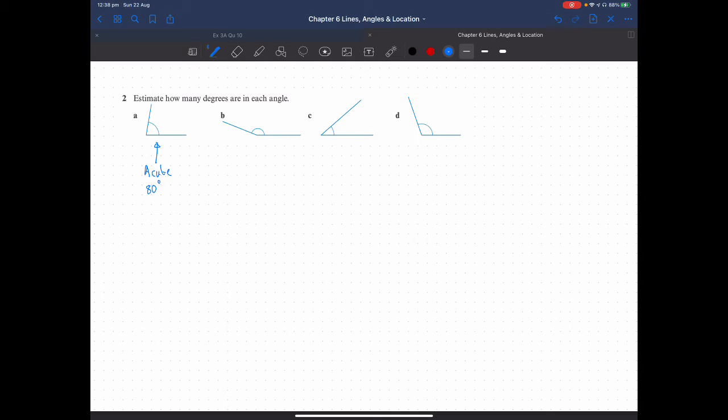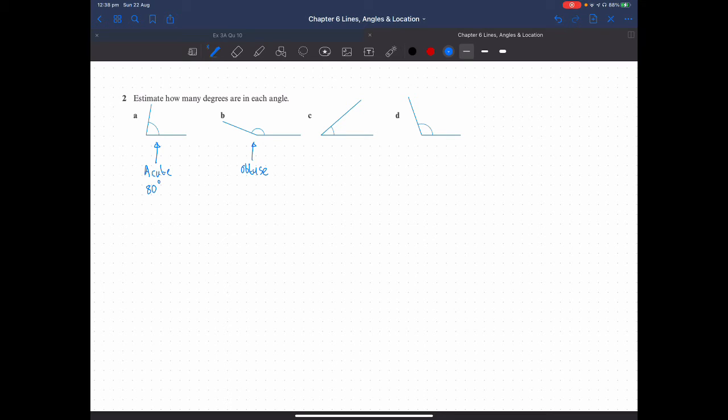Now, because it's an estimate, it might be a little bit bigger than 80 or a little bit less than 80. For B, looking at B, I can see I'm bigger than 90 degrees, but less than a straight angle. So I know I've got an obtuse angle.